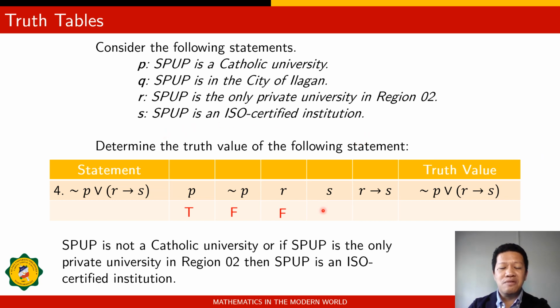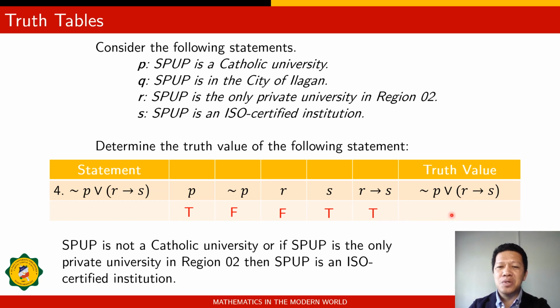The truth value of this statement is actually true because it's a true statement. And if we're going to get the conditional, R implies S, or if R then S, we have F then T, false then true. That is actually true if you base it on the table for conditional statements.